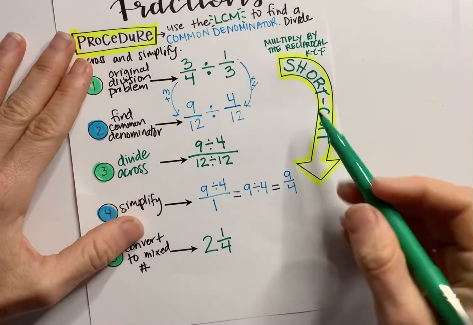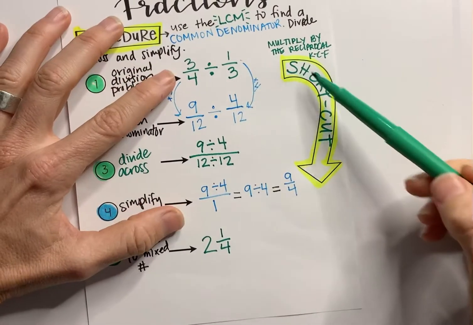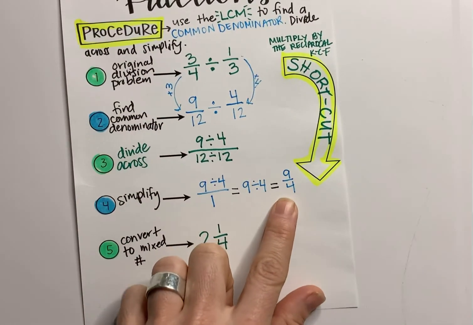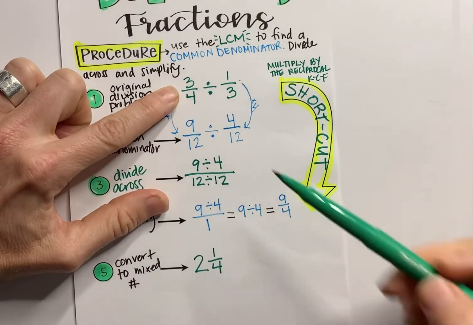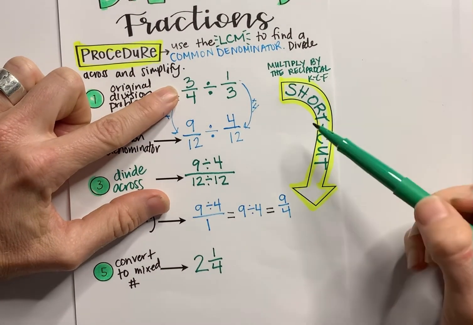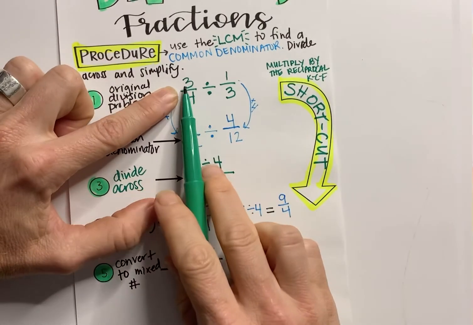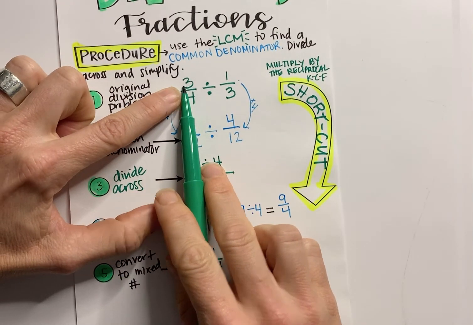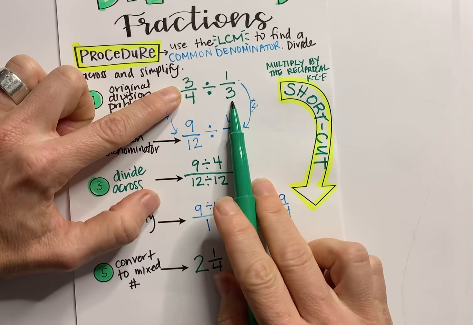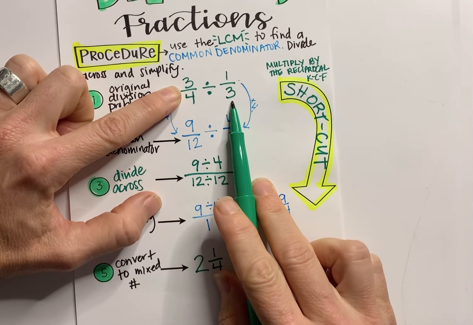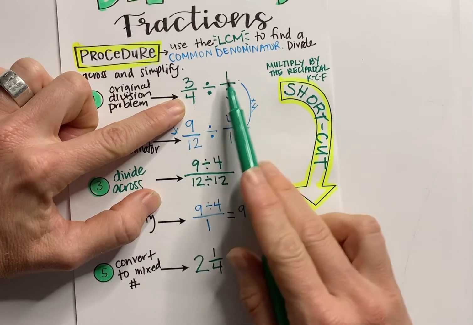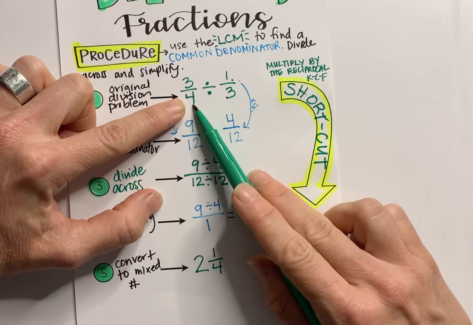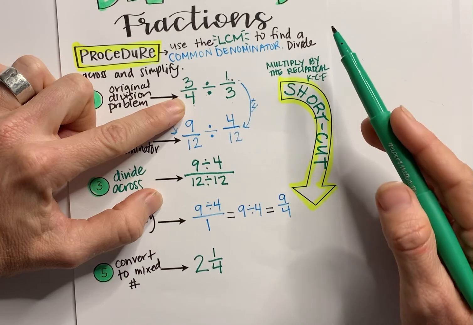So what is it that we're doing? When we multiply by that reciprocal, notice how you end up with 9/4. If I go back to my original problem, where am I getting that 9? If you take the numerator of your first fraction and multiply it by the denominator of your second fraction, you get 9. If you take the denominator of your first fraction and the numerator of your second fraction, 4 times 1, you get 4.